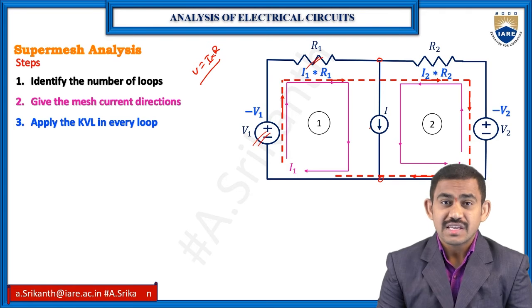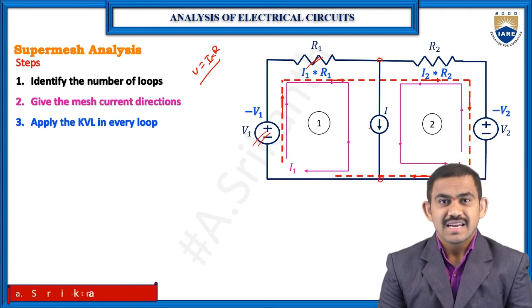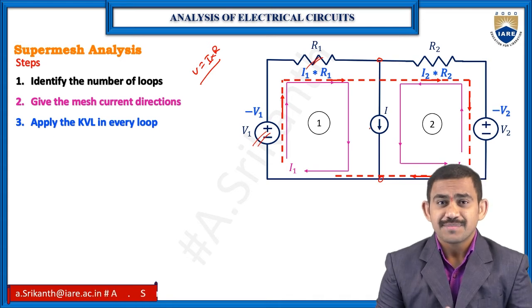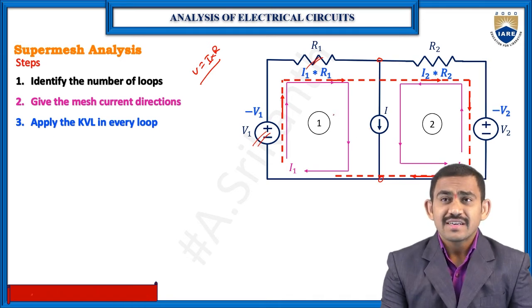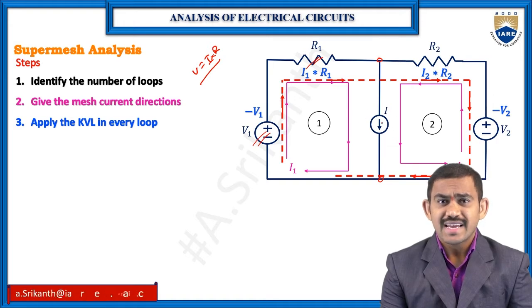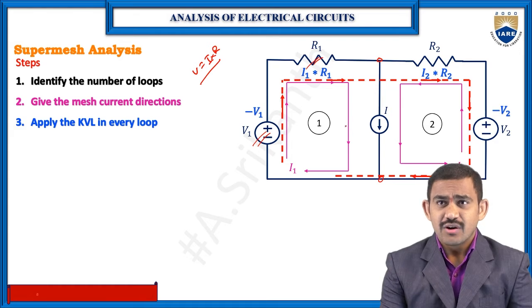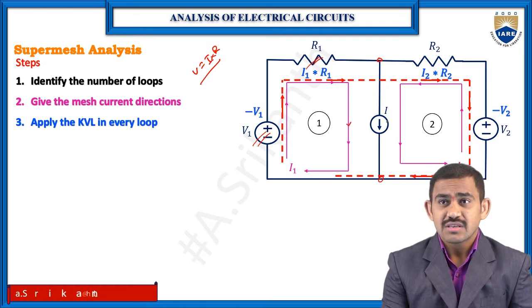So for this, do we have any equation? Yes. At the current source I have one small equation. Just observe the I1 direction in this branch, the current source branch. Your I1 direction is downwards and I2 direction is also downwards.